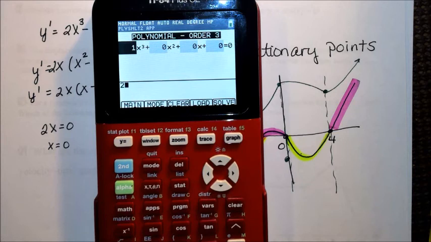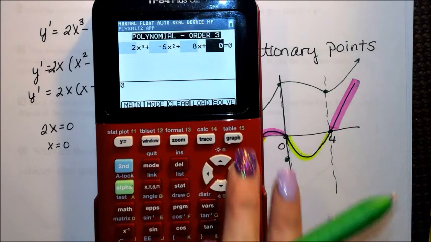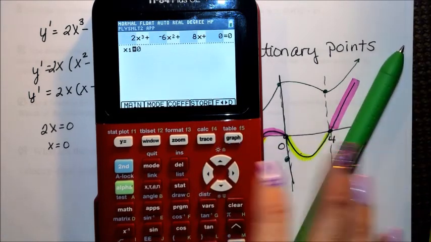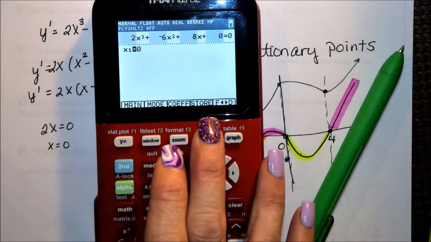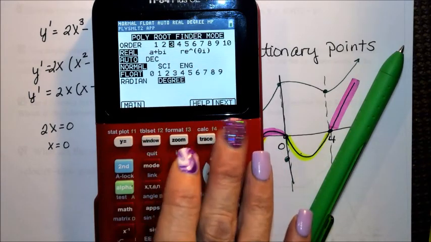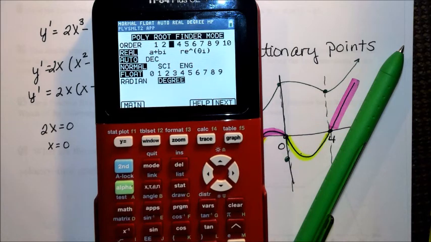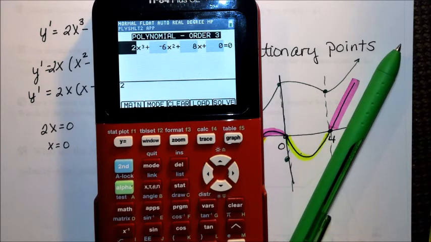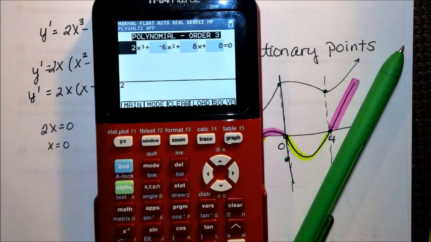Next. 2, enter, enter, -6, enter, enter, 8, enter, 0, enter, enter, solve. Oh my gosh, why do I keep getting 0? Okay, I don't know. All right, y'all. Well, maybe by the time we teach it in class, I'll figure out what's going on with my polynomial root solver. It should give me all of them.